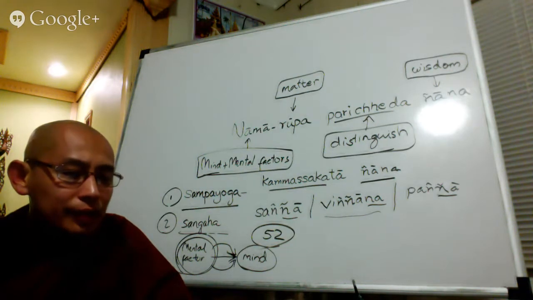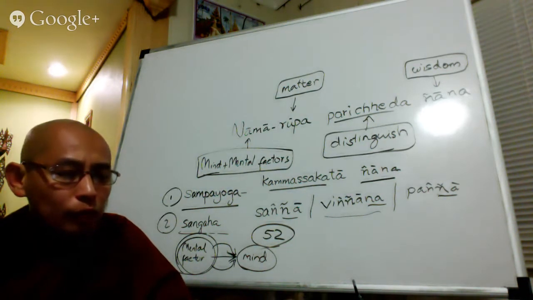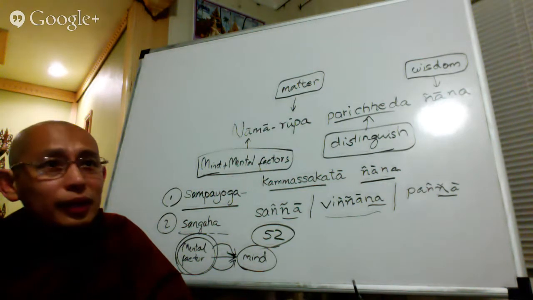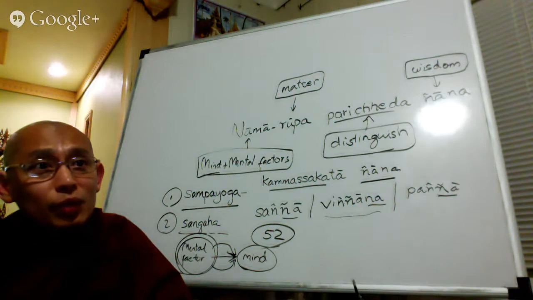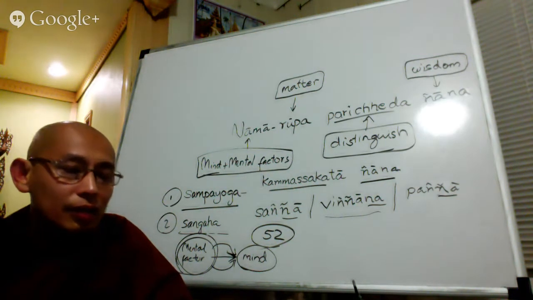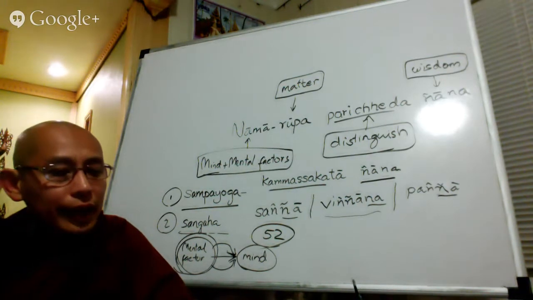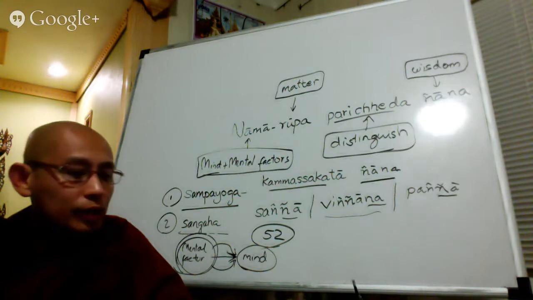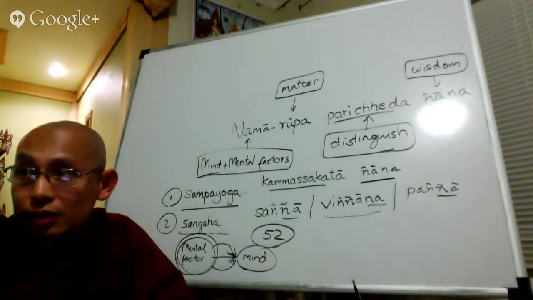So these 10 kinds of mind never associate with the Vitaka. That's why only 8 rootless mind are associated with the Vitaka. Okay? Understand?